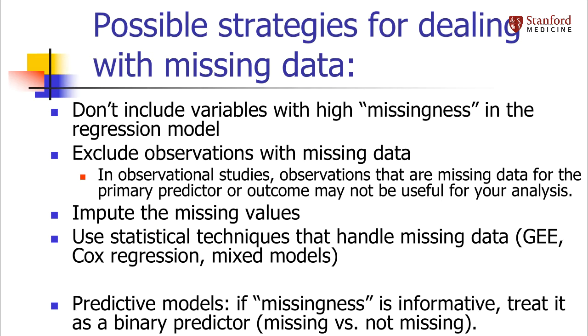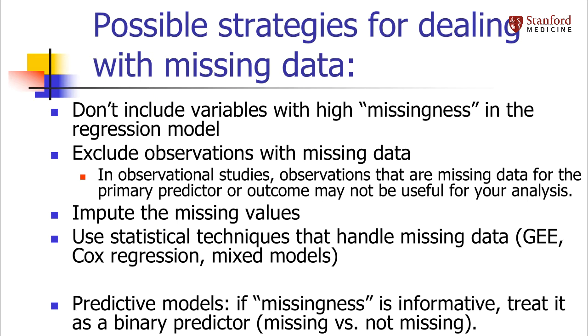Another option is to exclude observations that are missing data. If you are studying alcohol consumption and cardiovascular disease and a person doesn't have an alcohol measurement, they're not informative for your main question, so you might exclude them. You can also impute missing values, meaning that you fill in the missing data with a guess. I'll talk about that more in a minute.